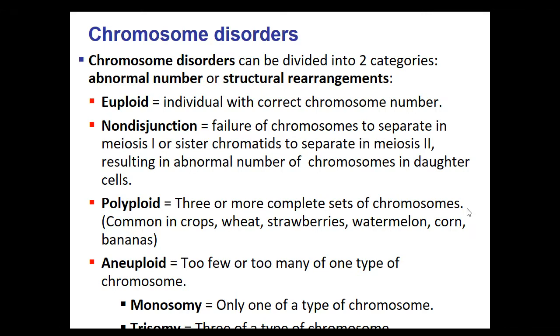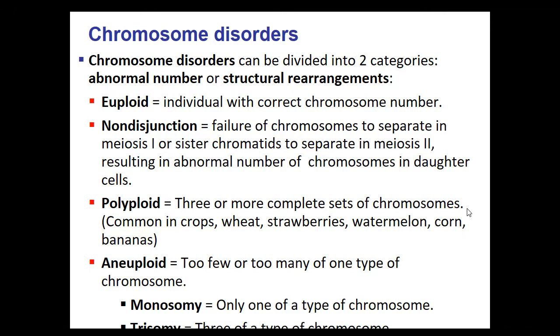So the term aneuploid, too few or too many of one type of chromosome. So if you had an extra number 7 chromosome, that would be a case of aneuploid. You have too many of one type of chromosome.